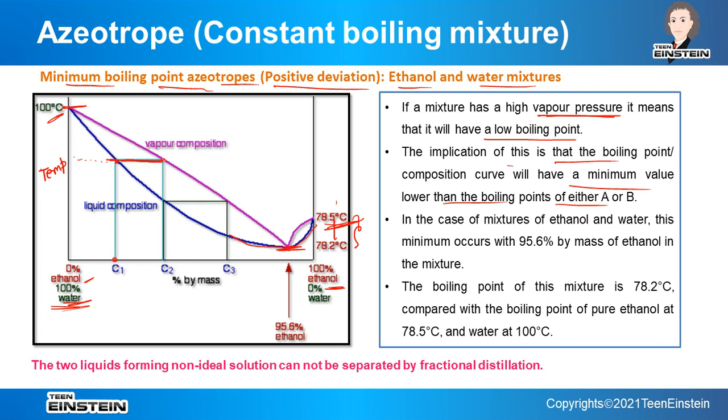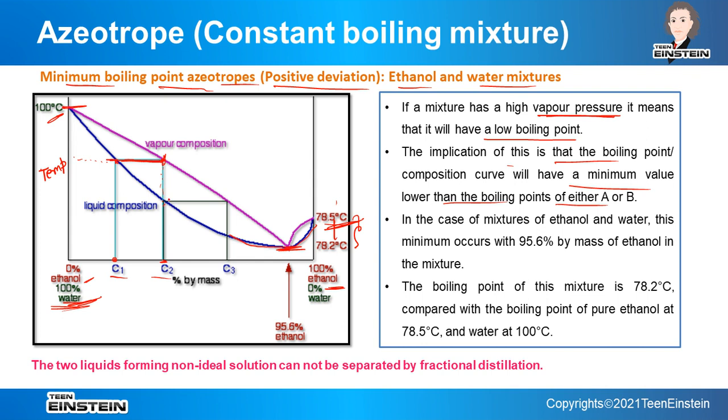Now the composition of the vapor, because the purple line is for vapor, is C2. And when you are moving from C1 to C2, we are moving from water towards more of ethanol. So now in the vapor, the amount of ethanol will increase. Now at this point, if the vapor is cooled, then it will reach C2.